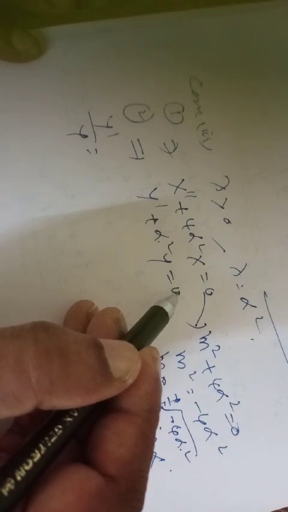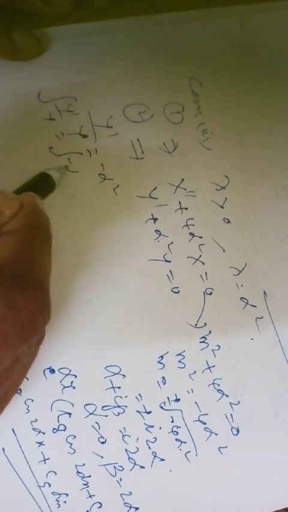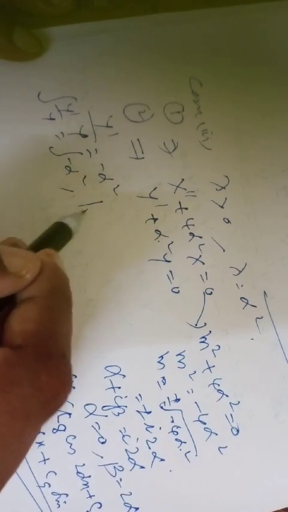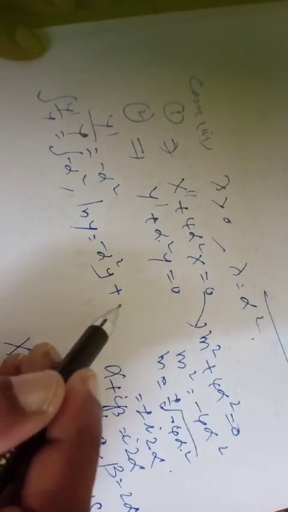Okay. And from here, you can see that y dash by y is equal to minus alpha square. And integrating, integral of y dash by y is equal to integral of minus alpha square. That is ln y is equal to minus alpha square into y plus another constant, which you can take as c10.